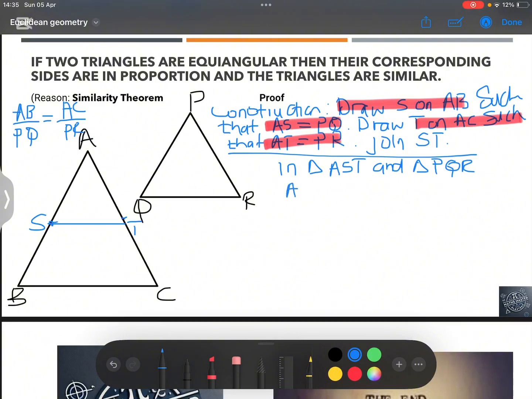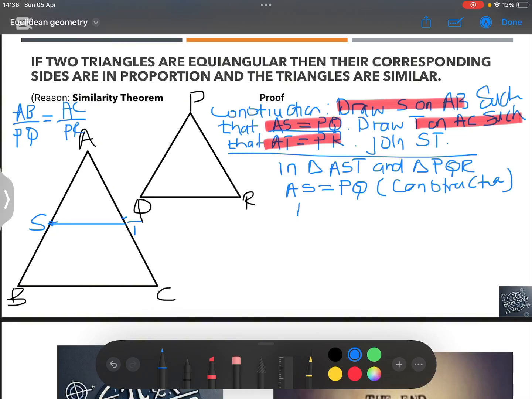We have AS equal to PQ. Why? From construction, as we stated in the construction.